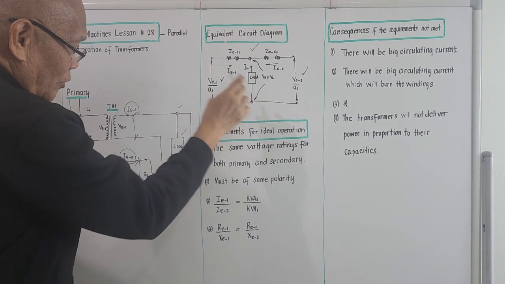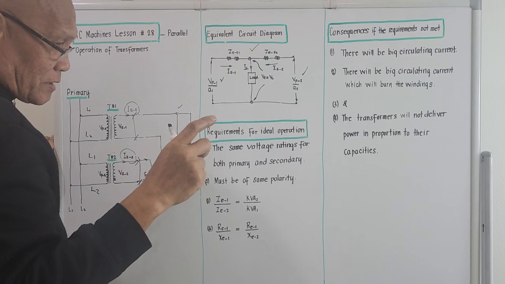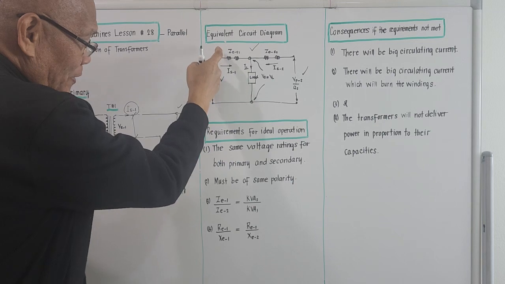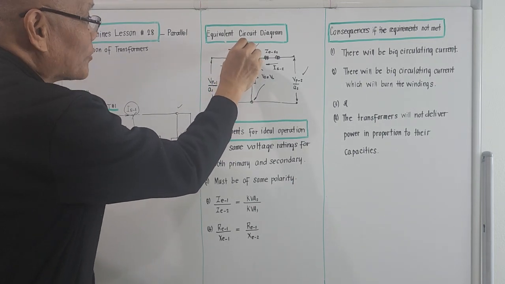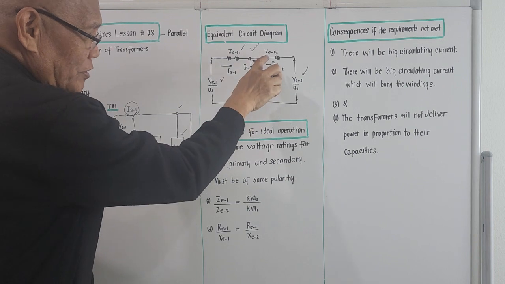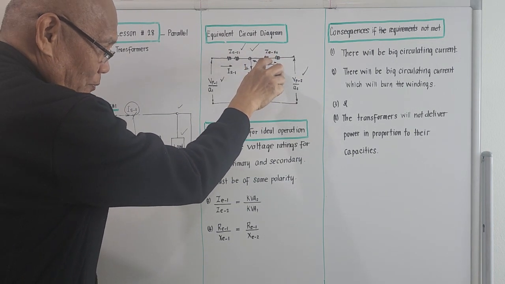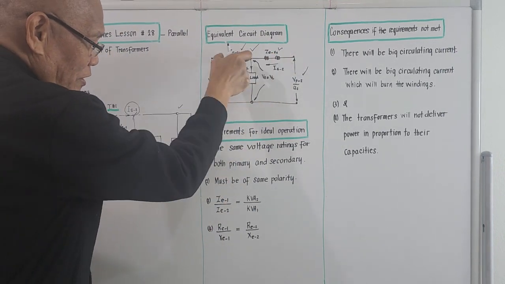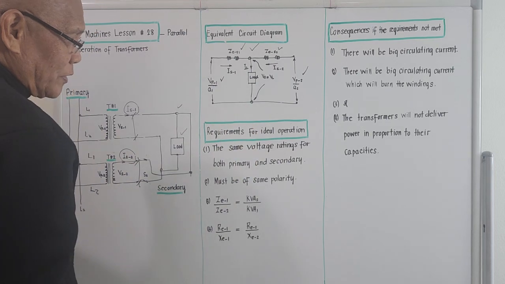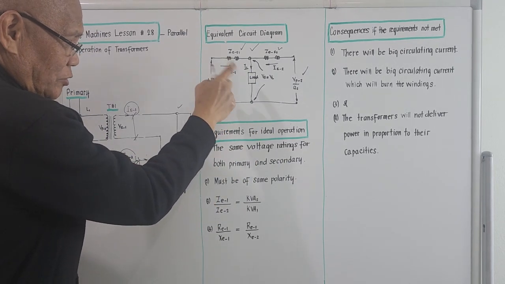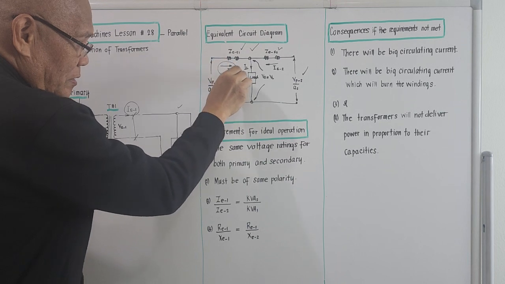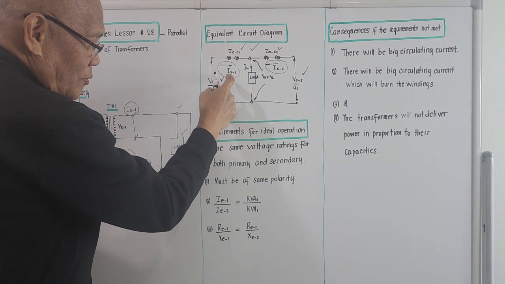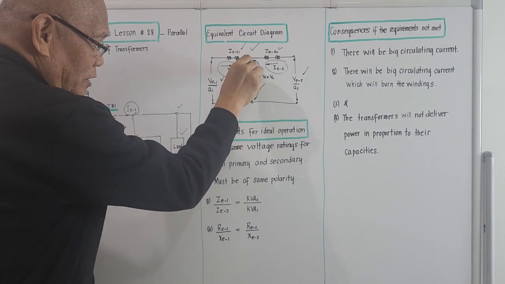For transformer number 1, there is an effect of the copper loss, that's why we specify the impedance on the secondary side for transformer number 1. This is the equivalent impedance on the secondary side of transformer number 2. There is a copper loss. And this should be the load. The current delivered by transformer number 1 is this one, and the current delivered by transformer number 2 is this one. The sum of IS1 and IS2 is the load current.